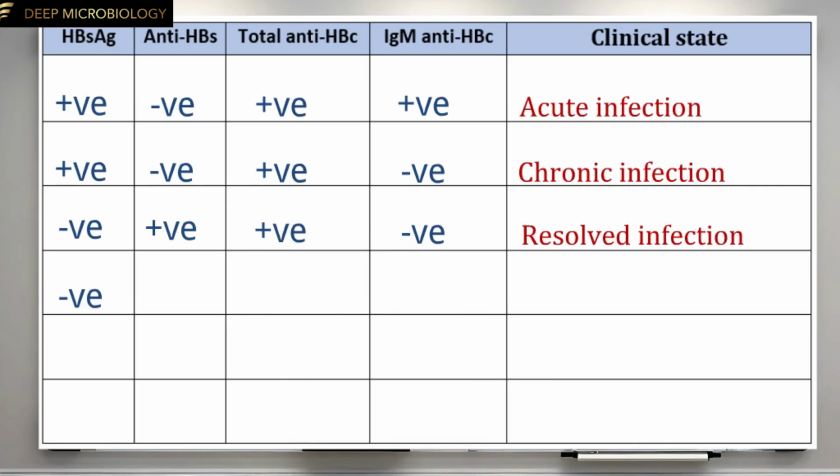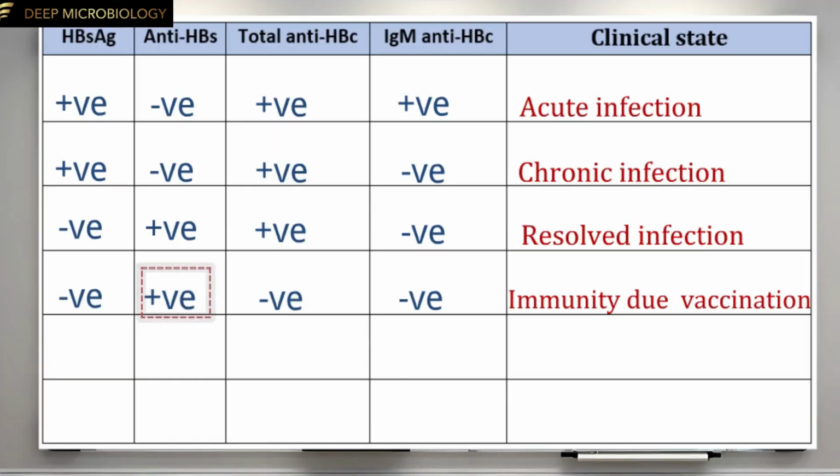A test result of negative HBsAg, positive anti-HBs, and negative total and IgM anti-HBc indicates immunity from hepatitis B vaccination. This pattern shows no active infection, negative HBsAg, and no prior natural infection, negative anti-HBc. The positive anti-HBs antibodies alone reflect immunity from successful vaccination.